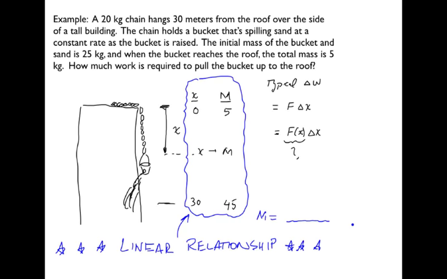What will the corresponding m be if it's 45 when x is 30 and 5 when x is 0? This is advanced algebra, right? It's just given 2 points, can you get the equation that will give you m for any x, for which we can then get the force at any x? So take a minute. Can you do it?